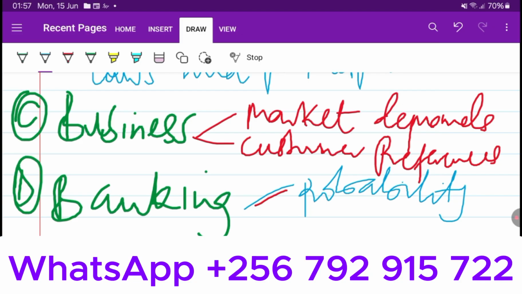So they have to make sure that they strike a balance, that they look at the deposits, and at what percentage of the money that has been deposited is going to be withdrawn.